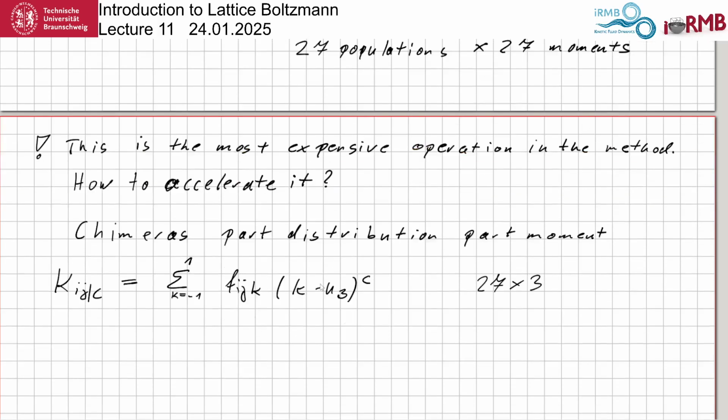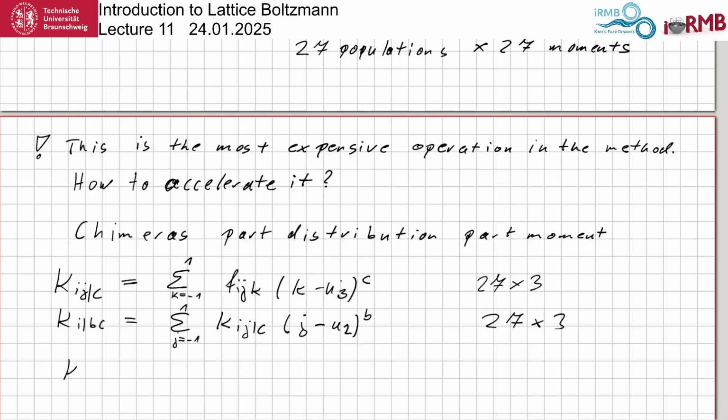Then when we have this chimera, we use this chimera to compute moments in the y direction. So we sum now over j from -1 to 1, and we get here the previous one, K_ijc, and we do this with j minus u2 by the power of b, and again we have to do this 27 times 3.